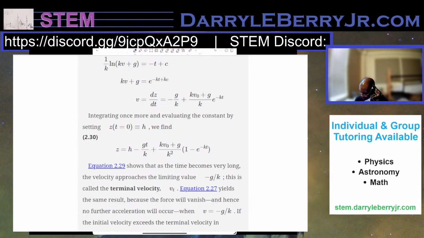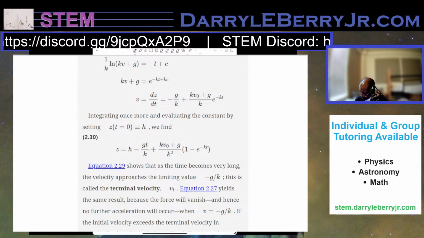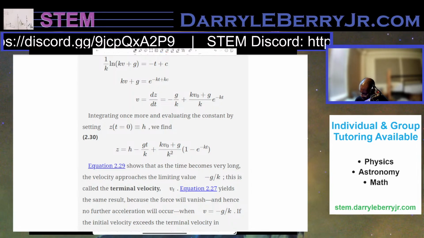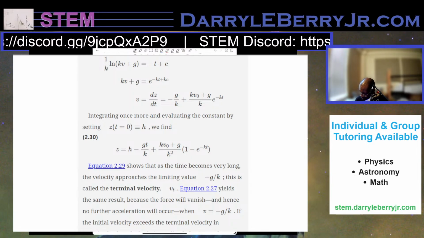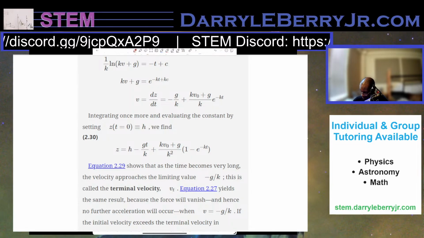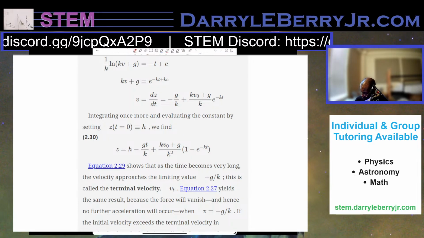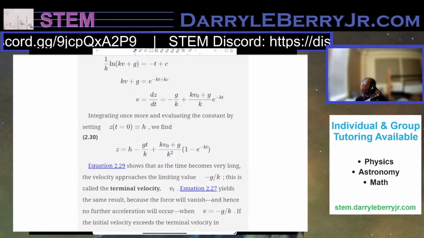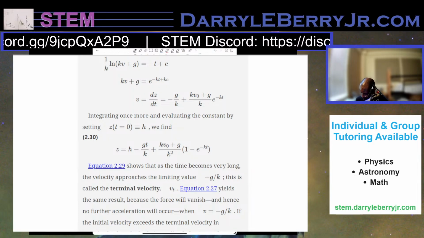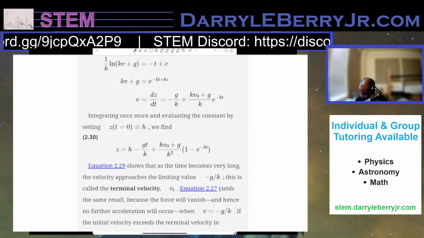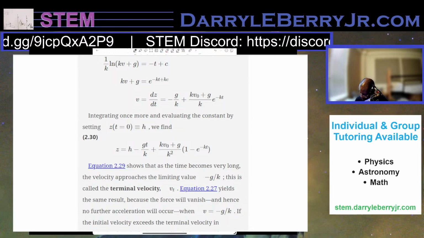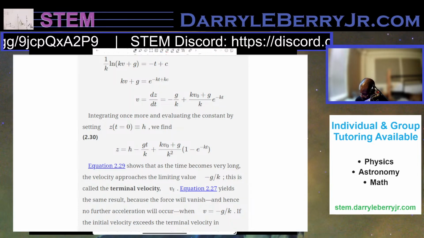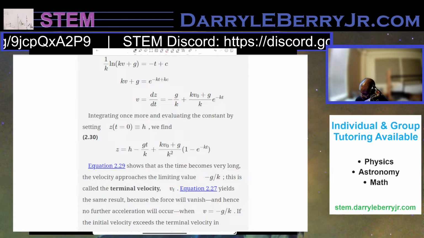dx equals g over k minus (g minus v0 k) over k e^(-kt) dt. So I'm going to integrate both sides. We have x(t) equals g over k t minus (g minus v0 k) over k e^(-kt).